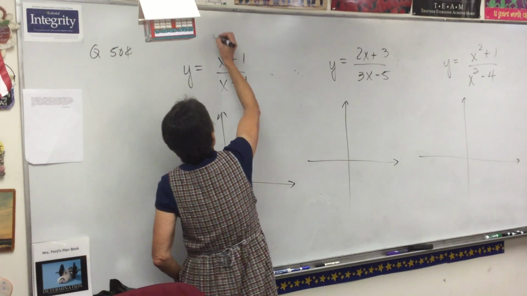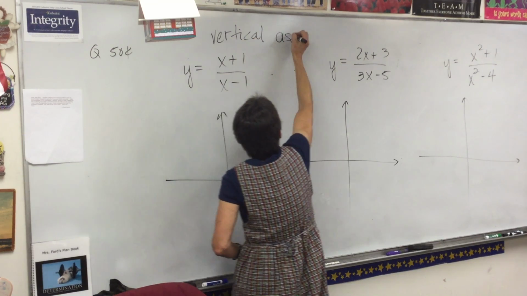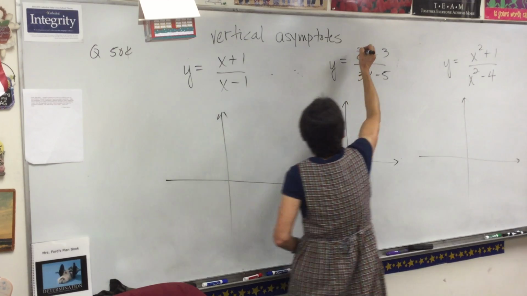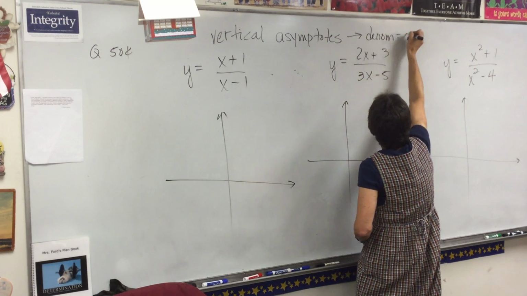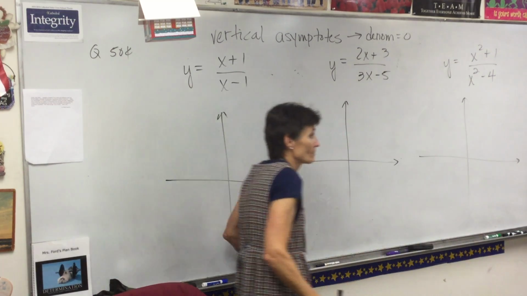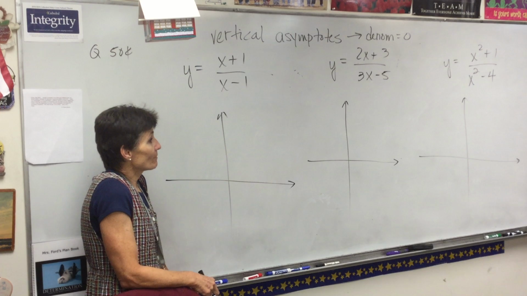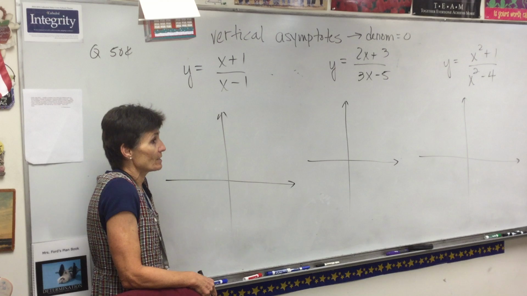Vertical asymptotes happen when the denominator equals 0. You have a vertical asymptote every time your denominator equals 0.